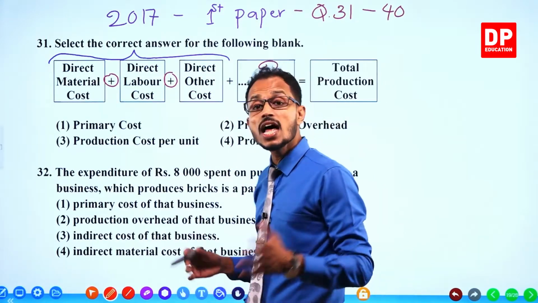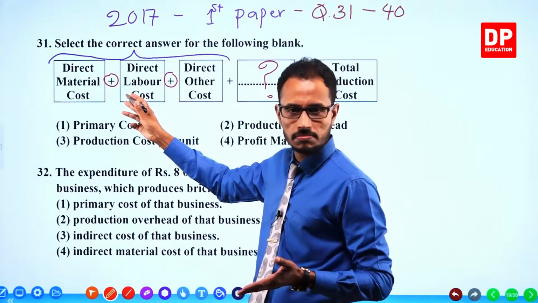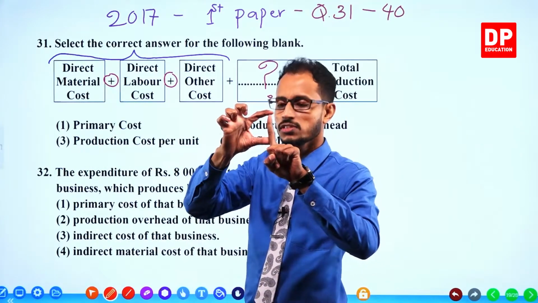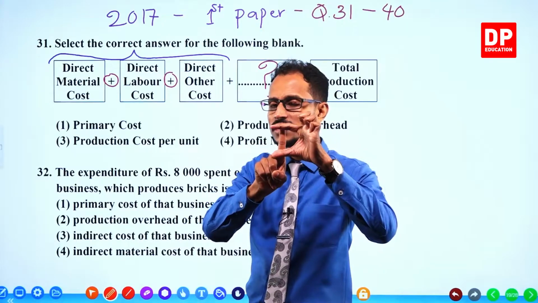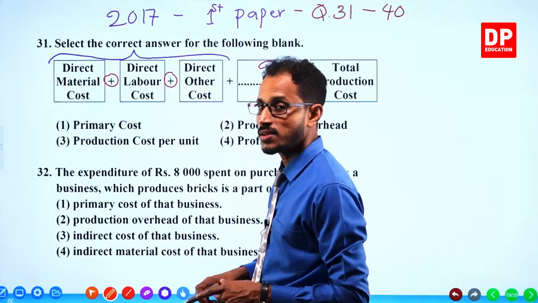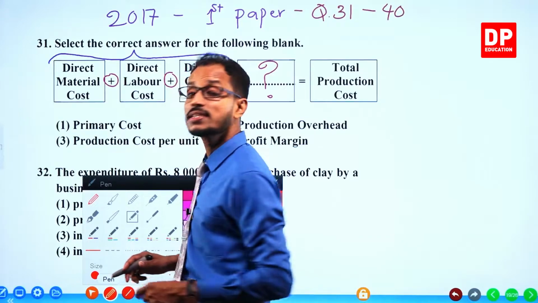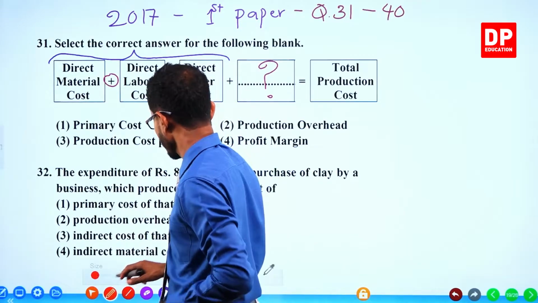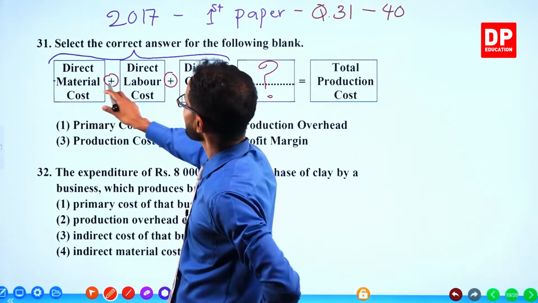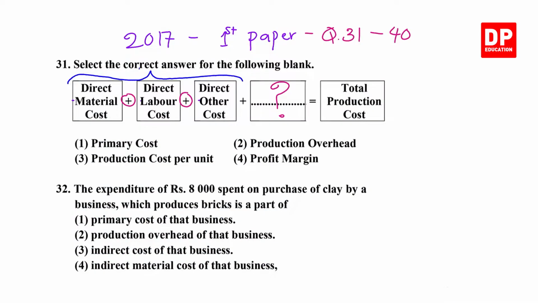And there we learned that the addition total of all the direct costs, direct material, direct labor, and direct other, is the prime cost.